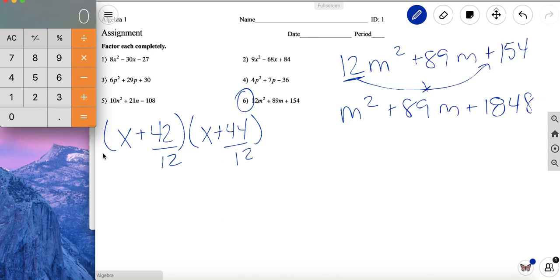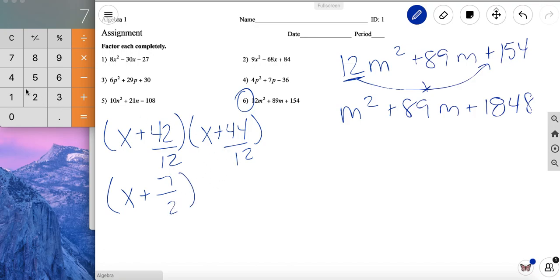Okay, let's do 42 divided by 12. 7 over 2. Yep, I'm actually working this out. Alright, so we're going to divide both the top and the bottom by 6. So we get x plus, what was 42 divided by 6 again? 7. 7 over 2.